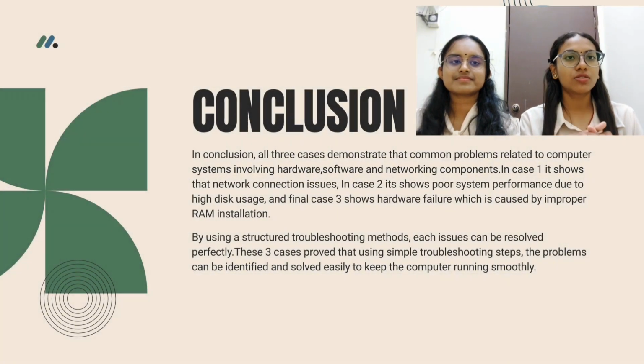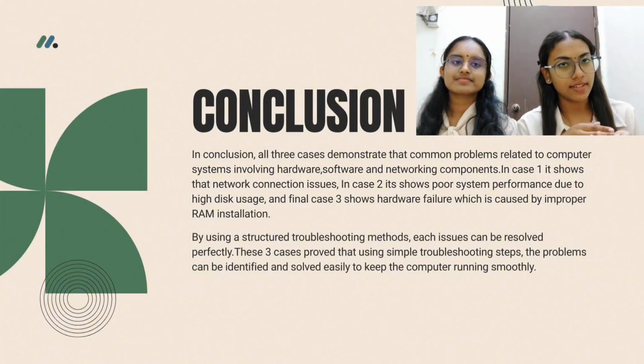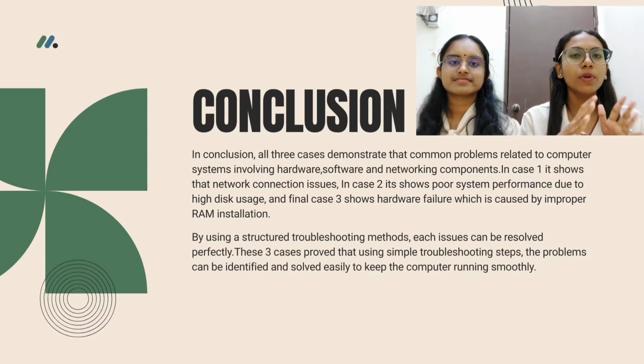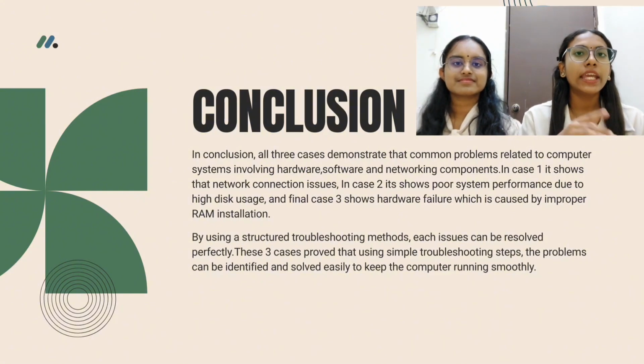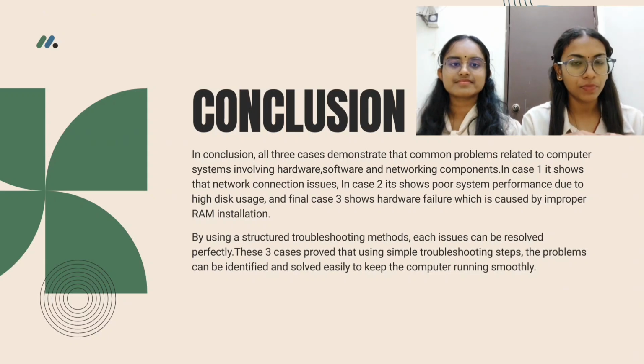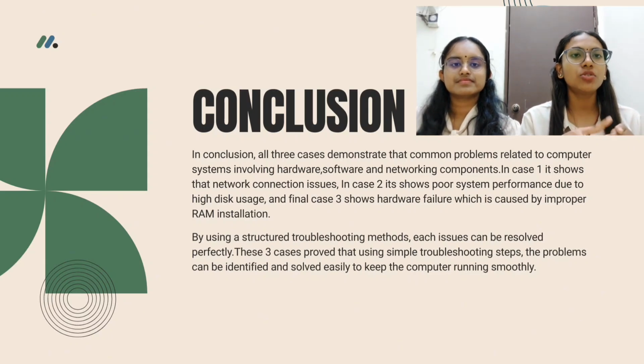We would like to summarize our conclusion. All three cases demonstrate common problems related to computer systems involving hardware, software, and networking components. In case 1, it shows network connection issues. In case 2, it shows poor system performance due to high disk usage.